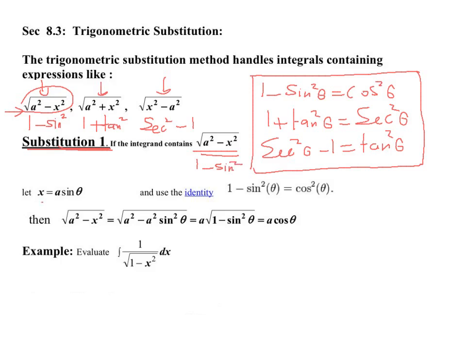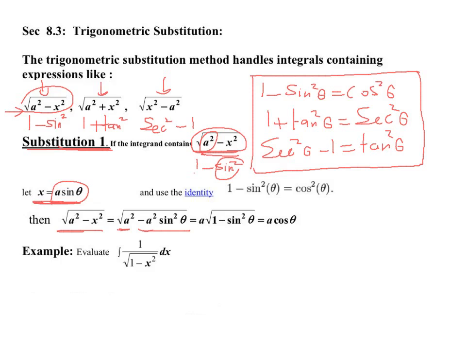So we are going to take x equal a sine theta. You see, it looks like 1 minus sine square, so we're going to take x as a sine theta. What is a? A is the square root of this number. Because if we do this, then the root will be simplified as follows. The root will become a square minus a square sine square, which is x square.